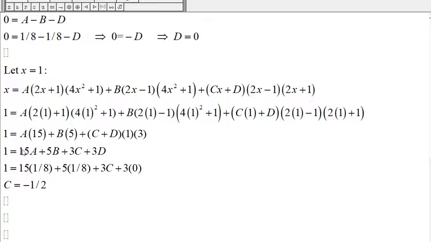And that will give us 15A plus 5B, plus 3C plus 3D. But we know that A is 1/8, B is 1/8, D is 0. And so this part will be 0, and then solve for C. We get C to be negative 1/2.